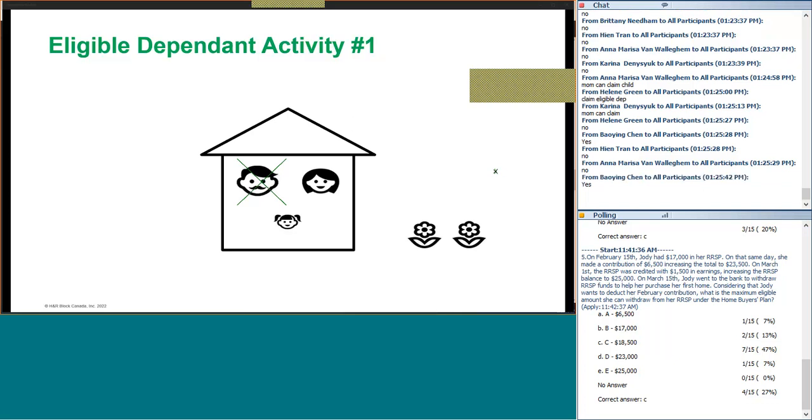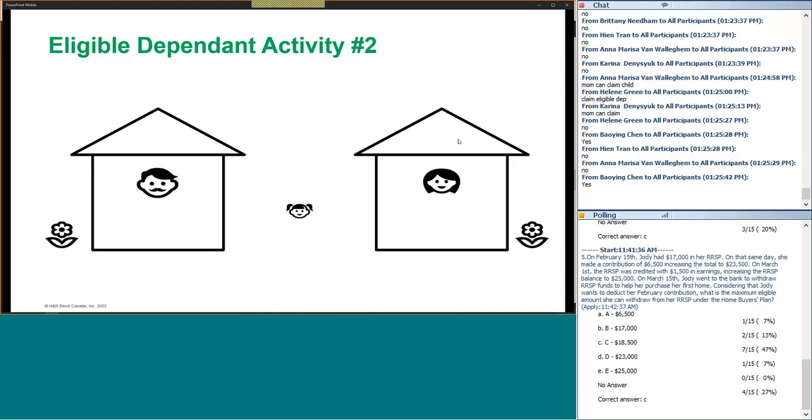So you're going to use the checklist to go down and go, when was the separation and what were the conditions of the dependent at the time that they were separated? So all those conditions have to match. If residency is an issue, you have to live with them while you were single. That's part of it. Okay. Always thinking about the marital status and the timing at the same time.